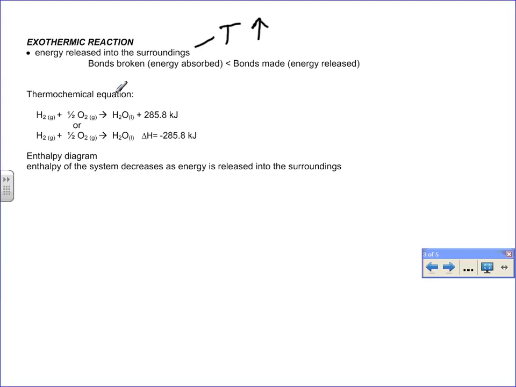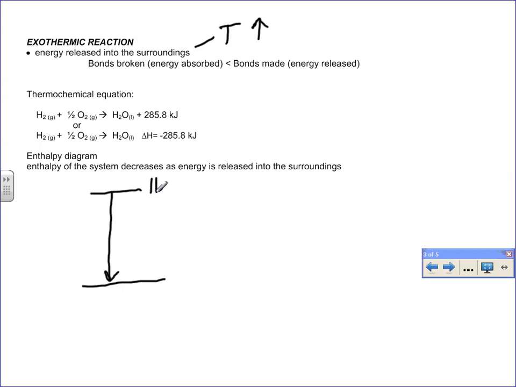For the thermochemical equation, the energy in an exothermic reaction is a product, so you can see it in this case, or we can report it with its change in enthalpy, or delta H, as having a negative sign. Because the enthalpy change is negative, we know that during the course of the reaction, the enthalpy has decreased.